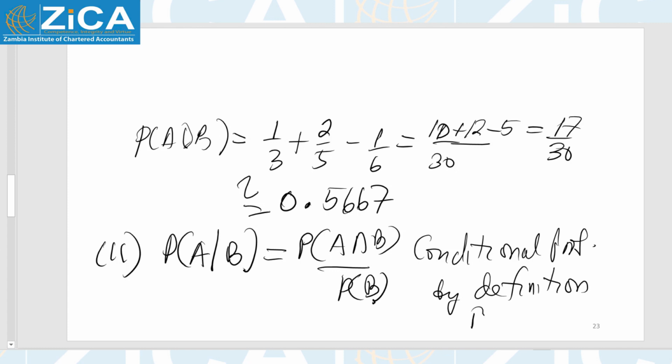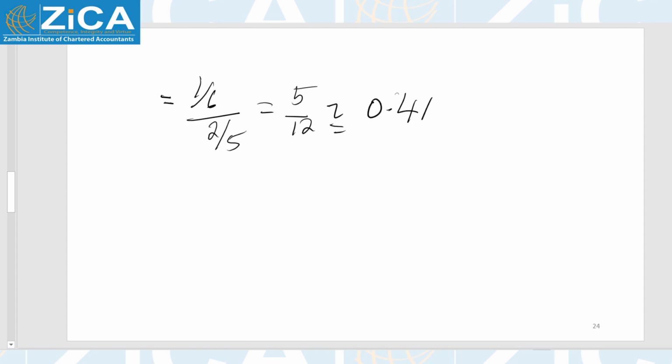And we are told that probability of B should not be equal to 0. So if you substitute what we have there, this will be equal to 1 over 6 divided by 2 over 5, and this will simplify to 5 over 12, or approximately 0.4167.